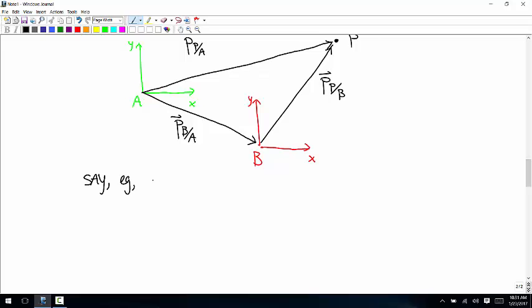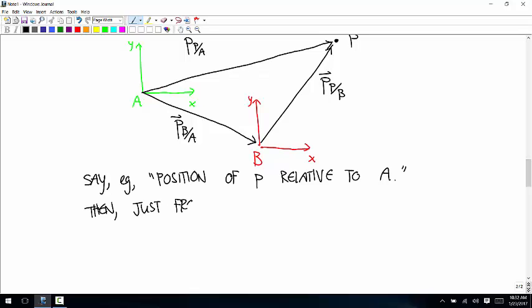Say, for example, just the way people talk about it, the position of P relative to A. Then, just from vector addition, you can see that the position of P relative to A is equal to this one plus this one.